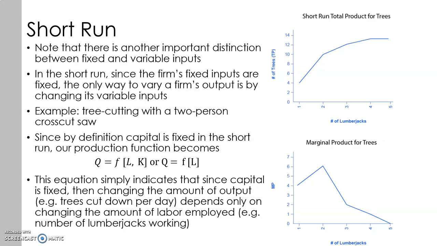So the first lumberjack has all the material he needs. The second lumberjack adds some efficiency. The third lumberjack still allows us to cut down more trees, but at that point, it might be that we don't have enough capital for each of them to share efficiently.